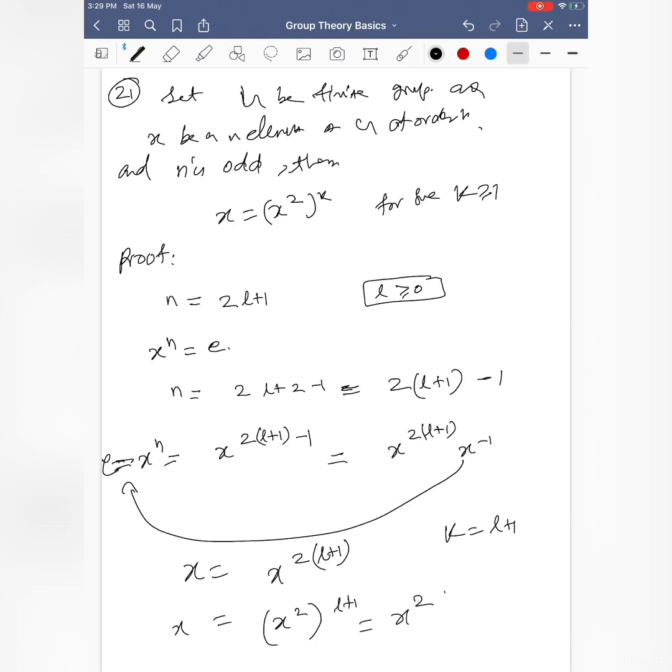That is x power 2L plus 2, that is x power 2k. It's clear, right? x power 2k. So this is what I wanted to prove, and clearly k is greater than or equal to 1 because L starts from 0, so L plus 1 is going to be greater than or equal to 1. So I'm done, it's proved.